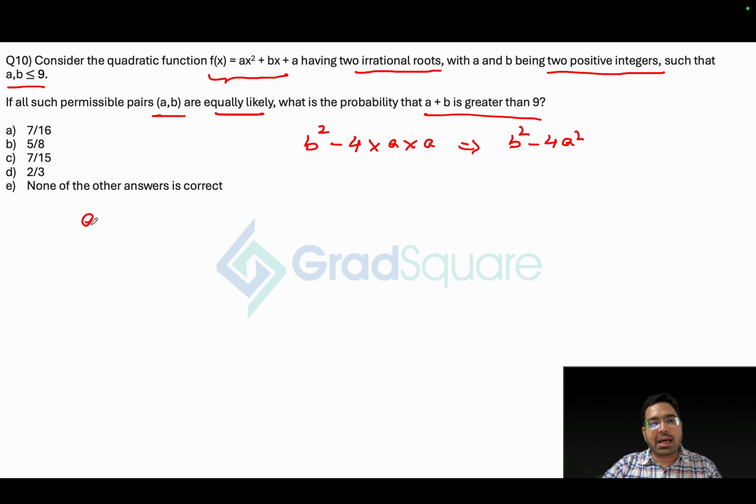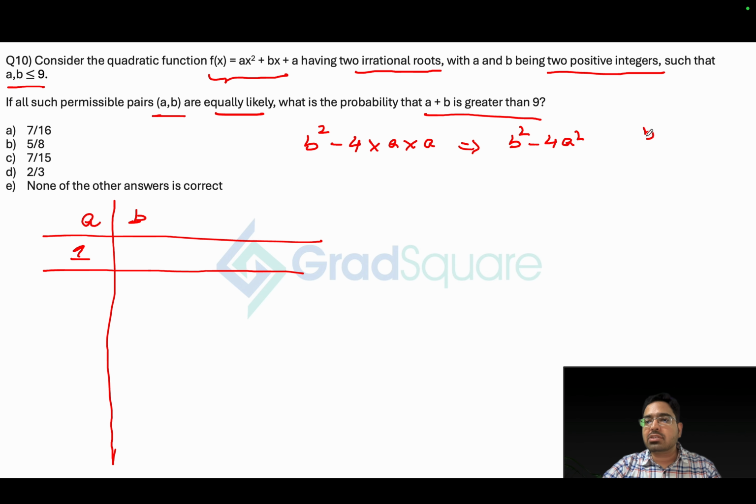So let's choose a value of a and see how many values of b fulfil the conditions that we have just spoken about. Let's say I take the value of a as 1. Then it will turn out to be b² − 4. The value of b cannot be 2, because then b² − 4 will turn out to be 0, and that is a perfect square.